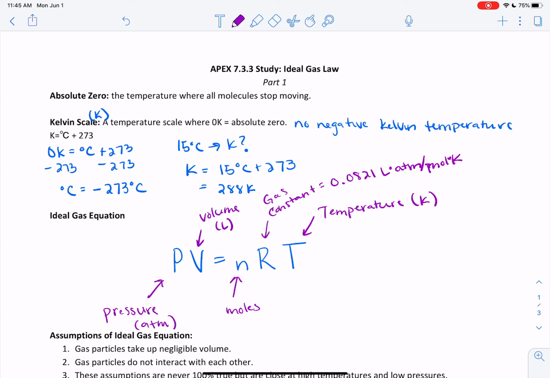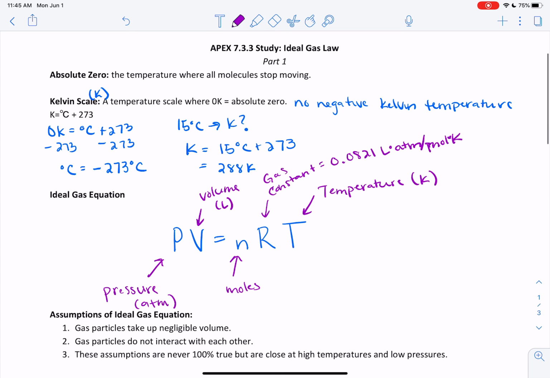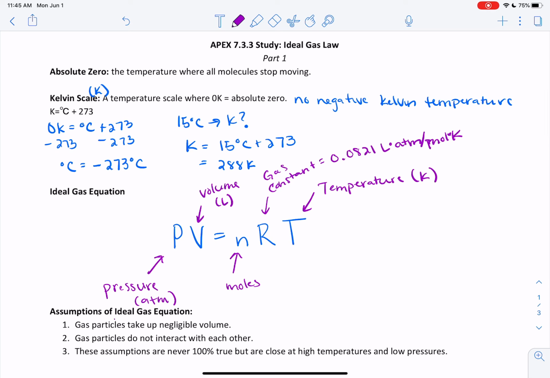Now, in order to use this equation, you need to assume your gas is ideal. So ideal means like this imaginary perfect gas. It doesn't exist in real life. We're just pretending that this imaginary perfect gas exists. And if it was a perfect gas or an ideal gas, then the particles would take up negligible volume. That means in their container, they're really, really tiny in comparison to the size of the container.